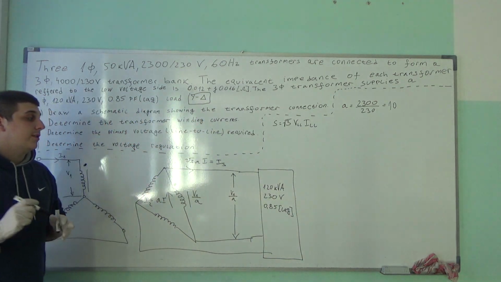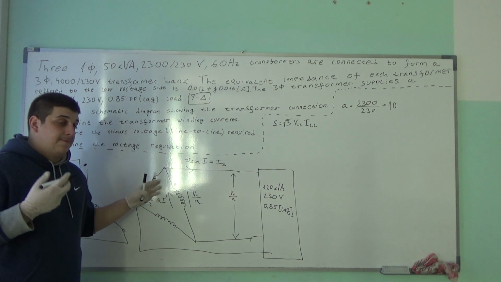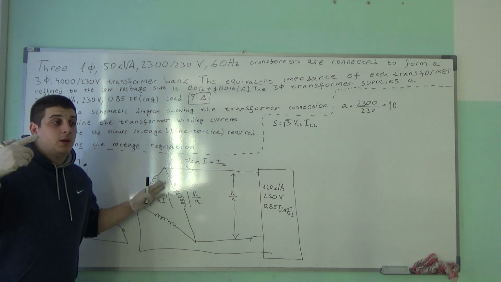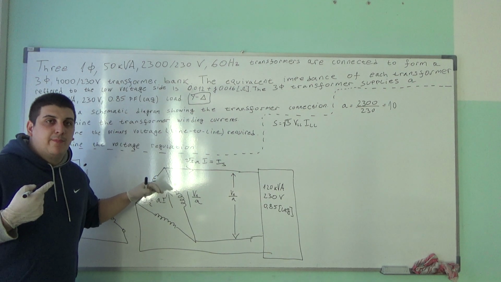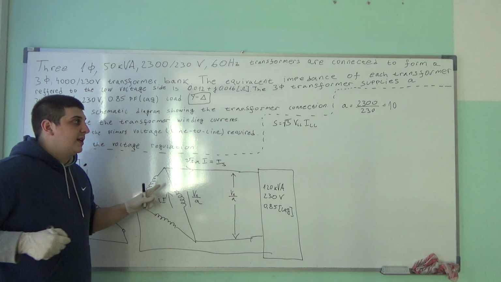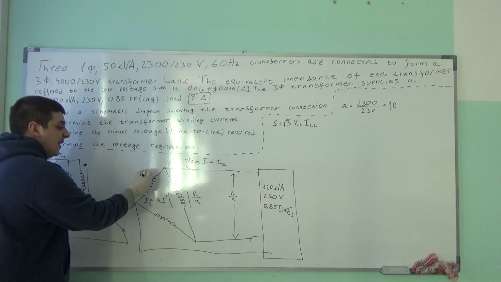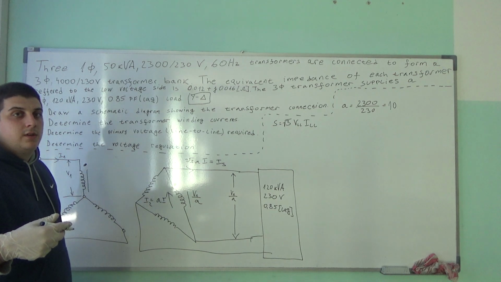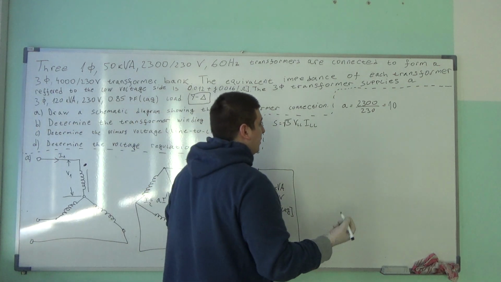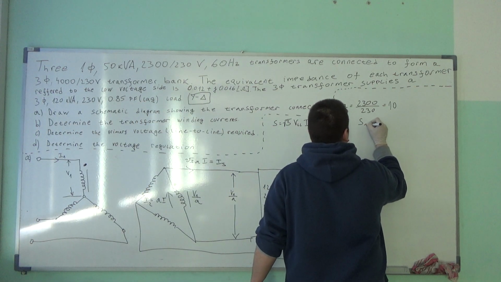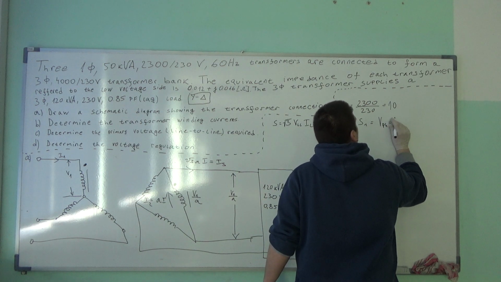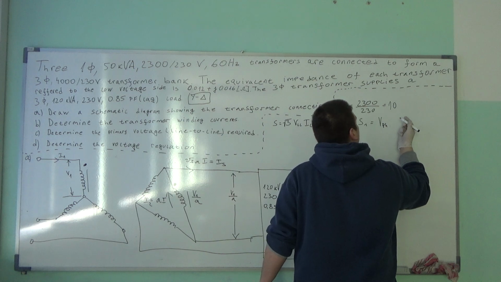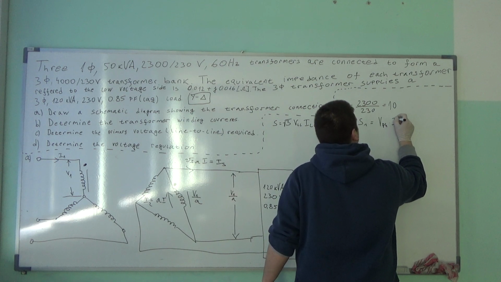The apparent power of one phase is equal to the phase current times the phase voltage. Let's say S1 is the phase voltage times the phase current.